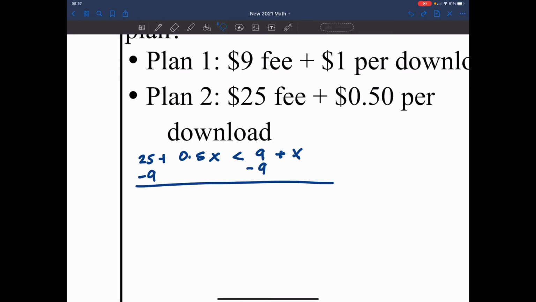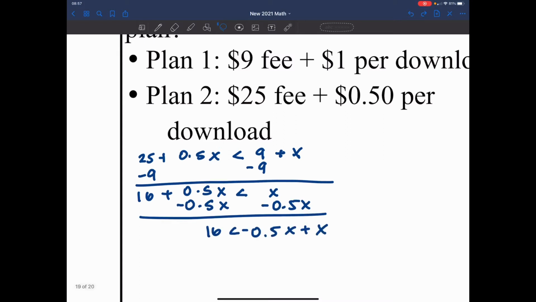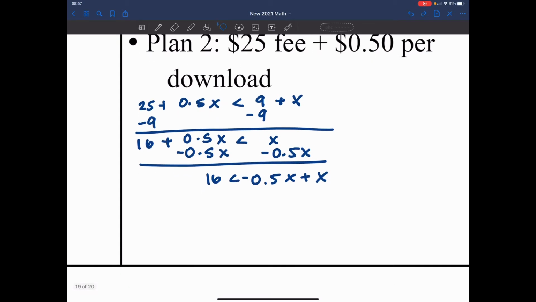And then I subtract 9 from both sides. So I get 16 plus 0.5x is less than x. I subtract 0.5x from both sides. And then I get 16 is less than negative 0.5x plus x. So I get 16 is less than 0.5x. I divide both sides by 0.5 so I can get x on its own.